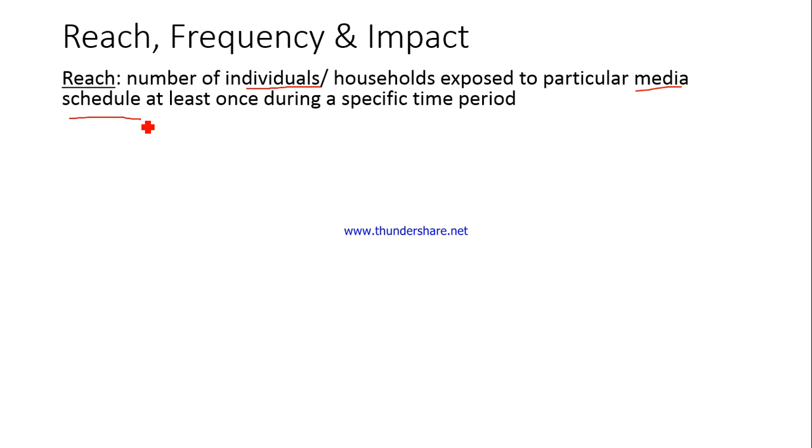We have decided what the media schedule was. So if they have got exposed to this media schedule, what do we mean by exposed? They have seen this particular ad, right? So let's say 500 people in the target audience have seen this particular ad at least once. Then that would be our reach. This is fine.